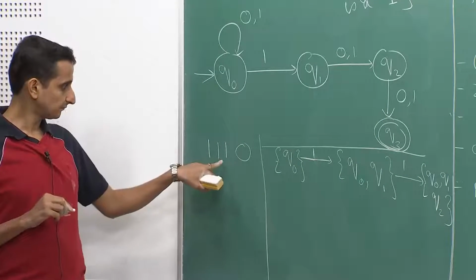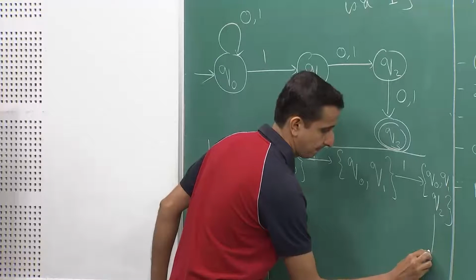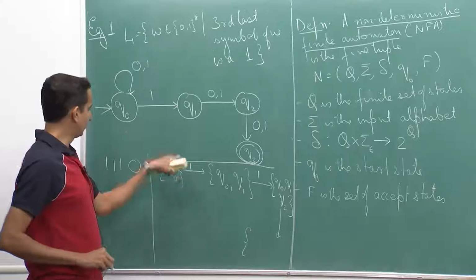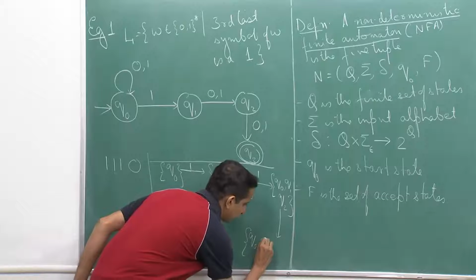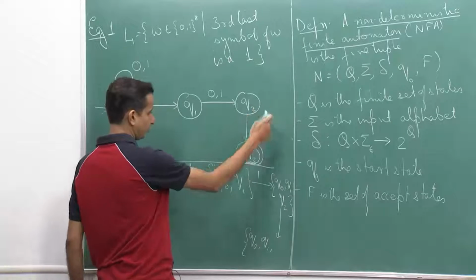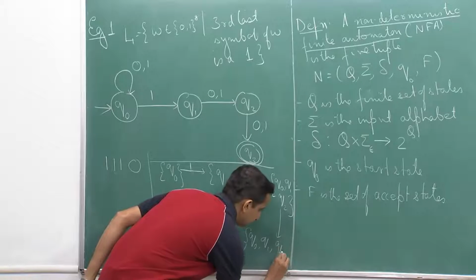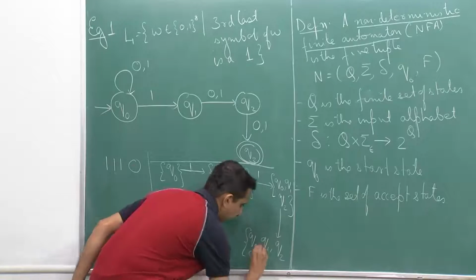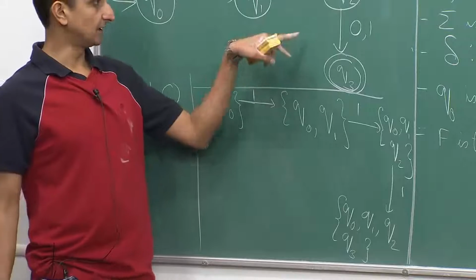On seeing the third 1, again from Q0 we go to Q0 and Q1. From Q1 we go to Q2, and from Q2 we go to Q3. Although we have got an accept state, we cannot stop here because the input is not completely read.